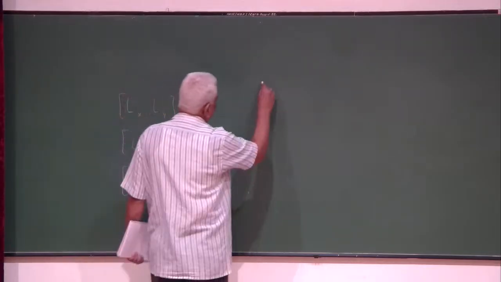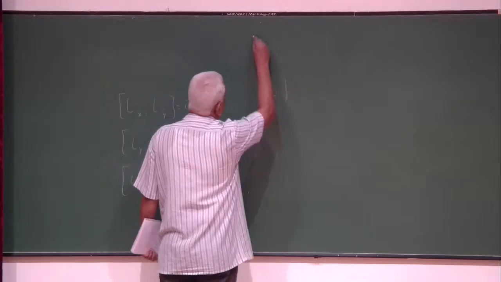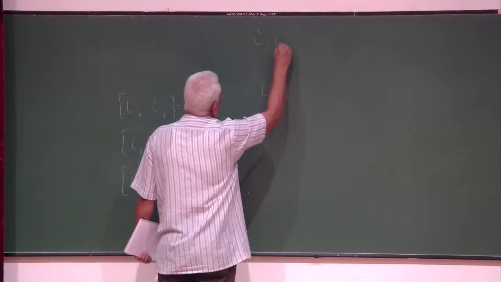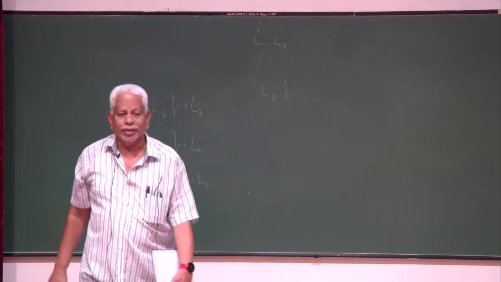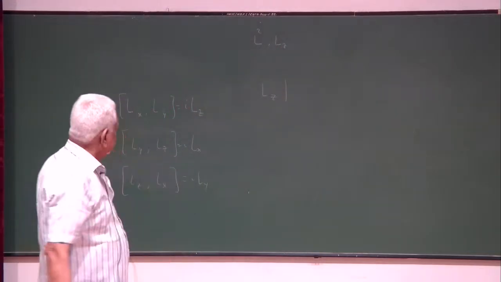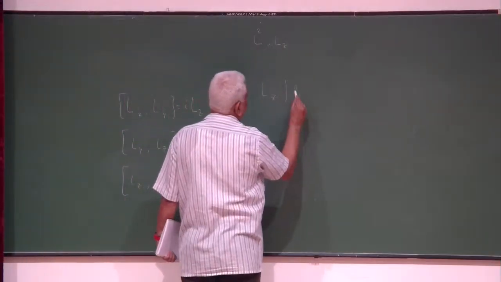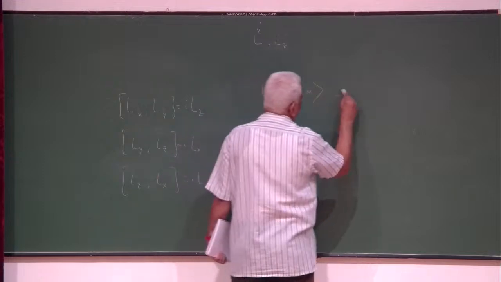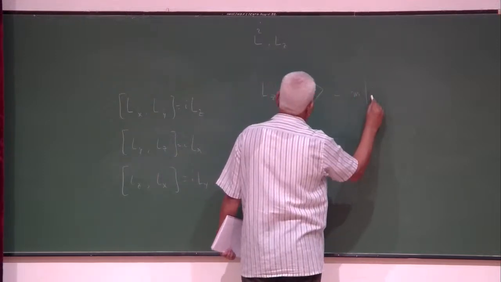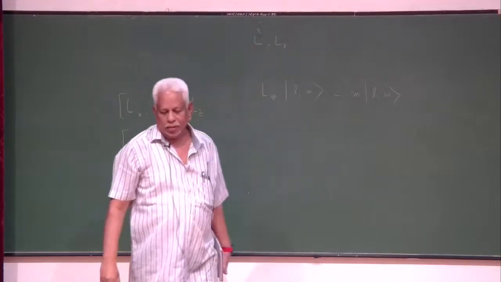I will start with Lz. L squared and Lz are diagonal for B. Both are diagonal matrices. Which means, to specify this, I will specify it with M, and I will call that |L, M>.